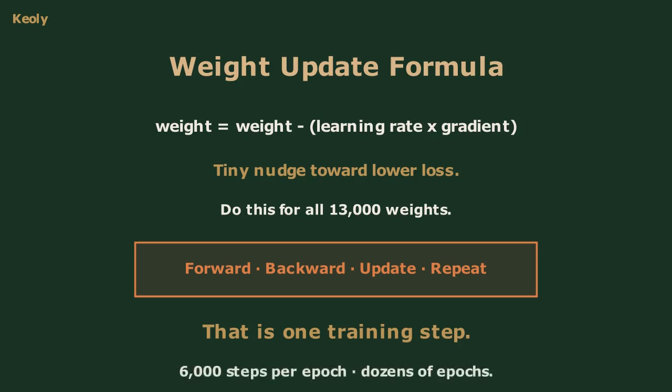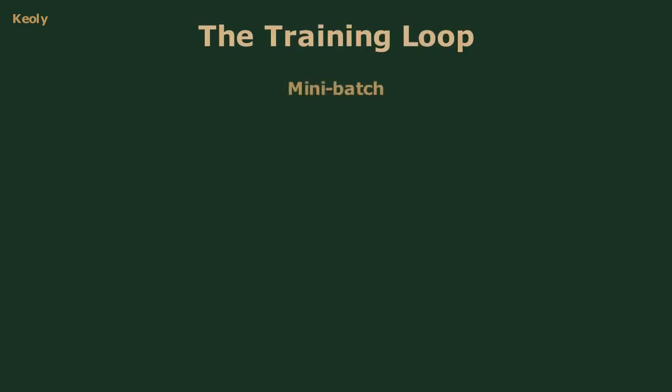Now imagine doing that 6,000 times, once per image in the training dataset. Then looping through all 6,000 images again and again until the loss approaches 0. That's how a neural network learns. In practice, we don't train on one image at a time.